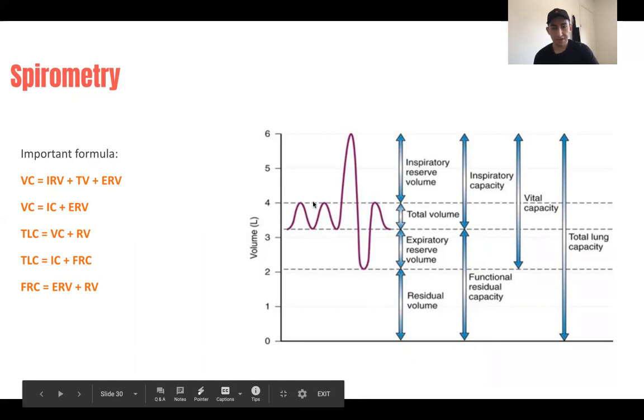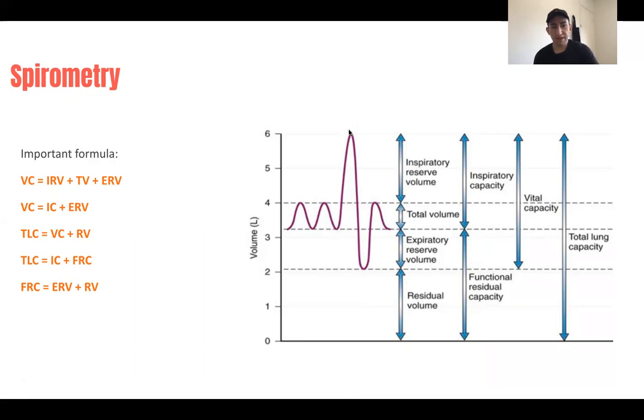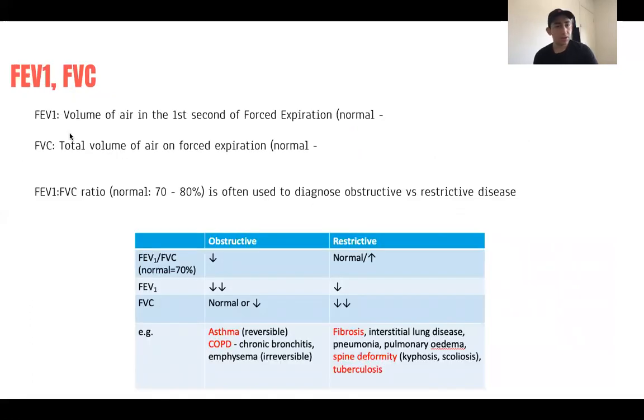Take a huge breath in and then blow it all out, and it's forced. Cool? Okay. So forced expiratory volume, FEV1, just means your forced expiratory volume in 1 second. So it's how much air you could get out in the first second of expiration, and your FVC is the total amount of air that you're able to force out on expiration. And we always look at the ratio between the two.